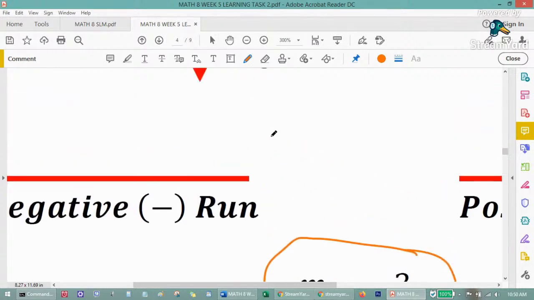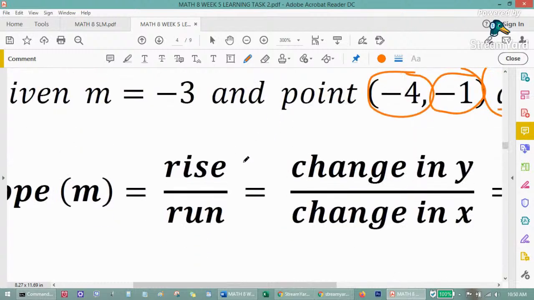So, yung rise natin is negative 3. So, ginawa natin, dinivide lang natin ng 1. So, yung rise natin is negative 3. And then, yung run natin is 1.